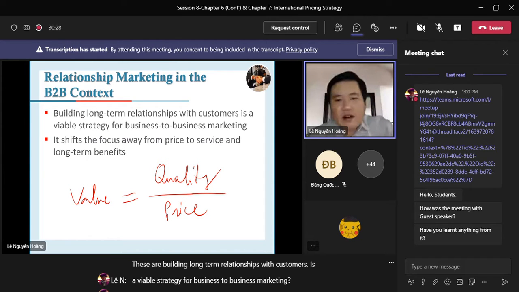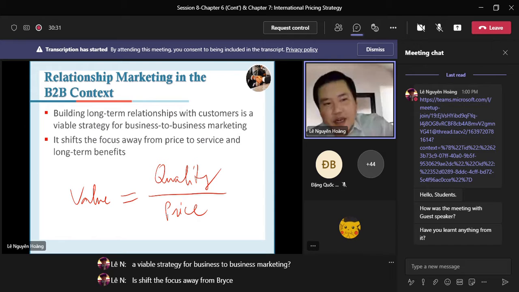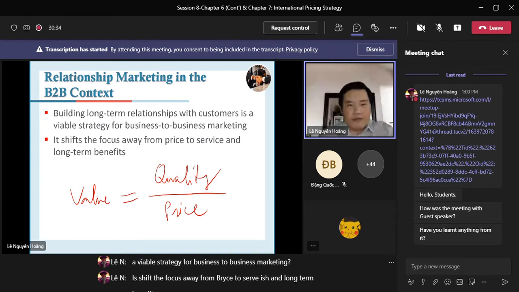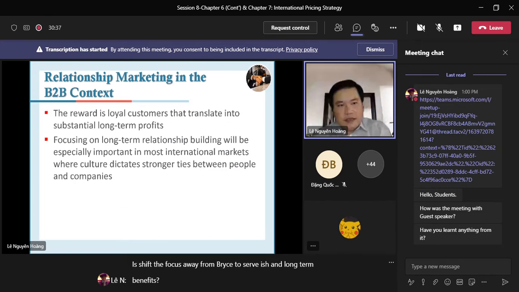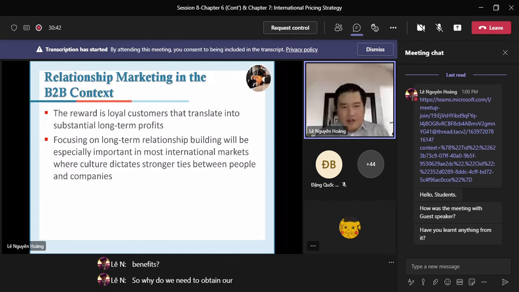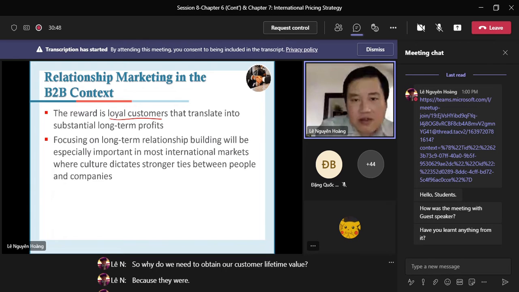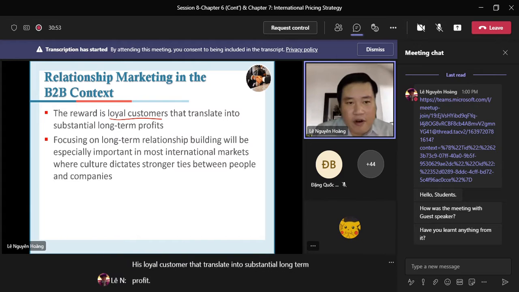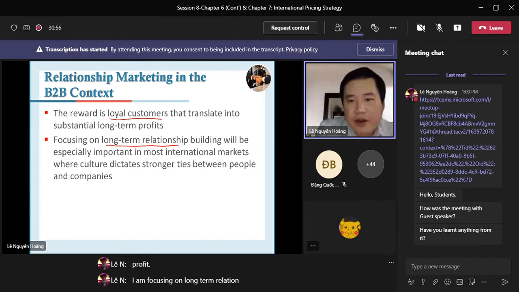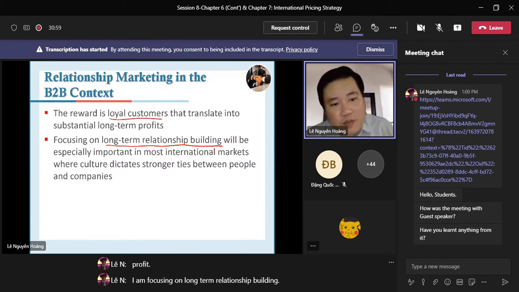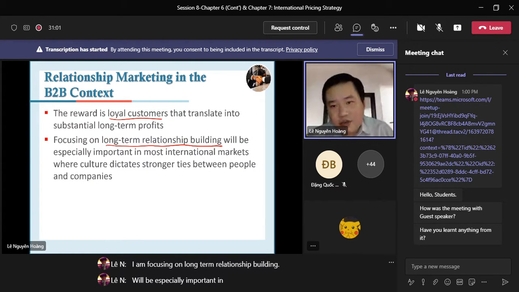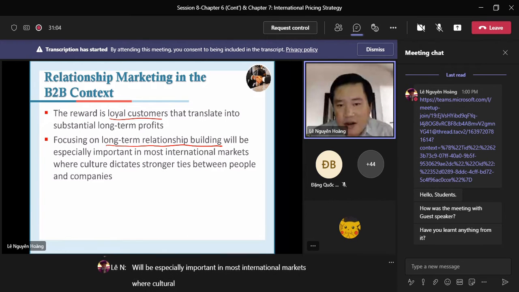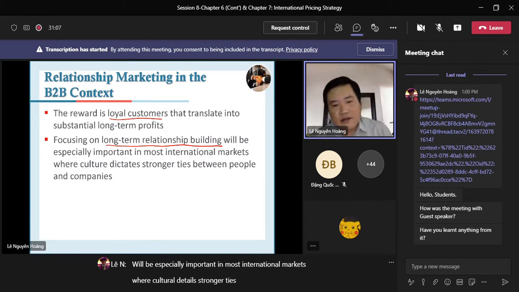It shifts the focus away from price to service and long-term benefits. So why do we need to obtain our customer lifetime value? Because the reward is loyal customers that translate into substantial long-term profit. And focusing on long-term relationship building will be especially important in most international markets where culture dictates stronger ties between people and companies.